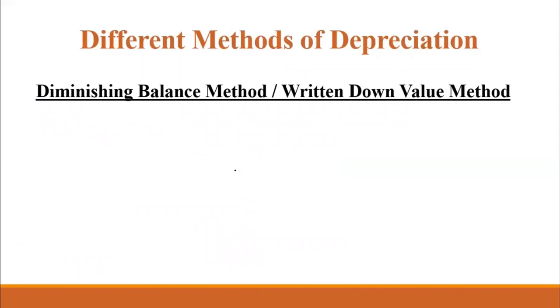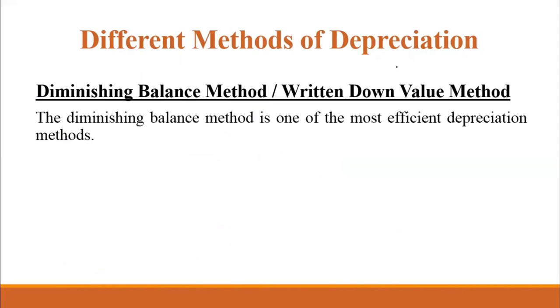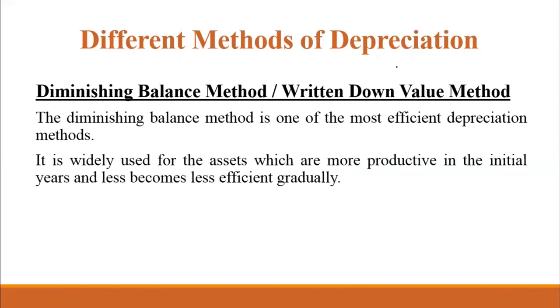Now, what about the diminishing balance method? This is what we call the written down value method. The diminishing balance method is one of the most efficient depreciation methods because it is widely used for assets which are more productive in the initial years and become less efficient gradually.